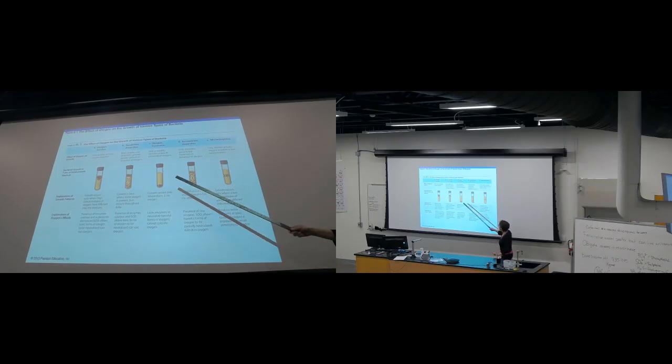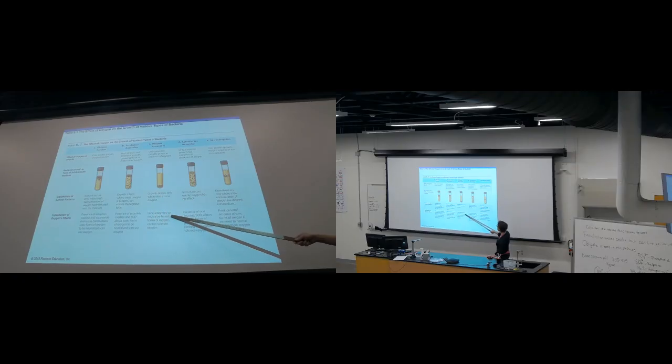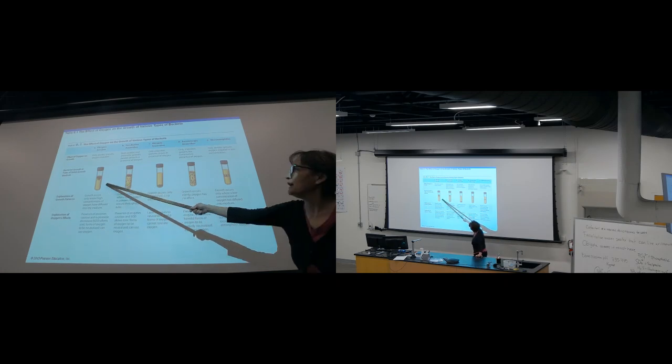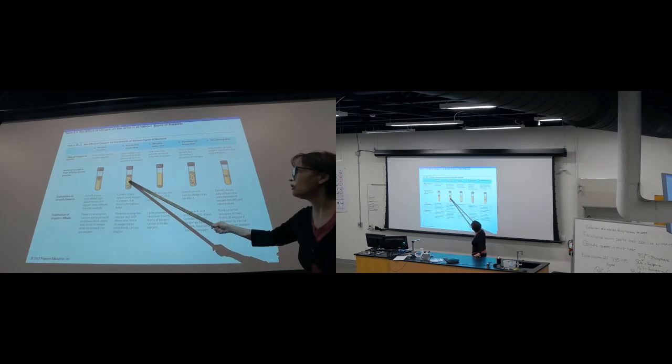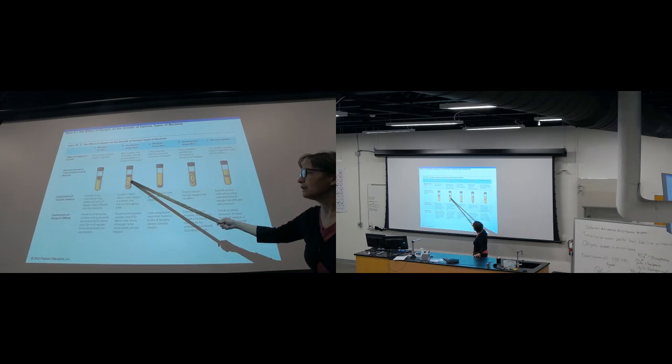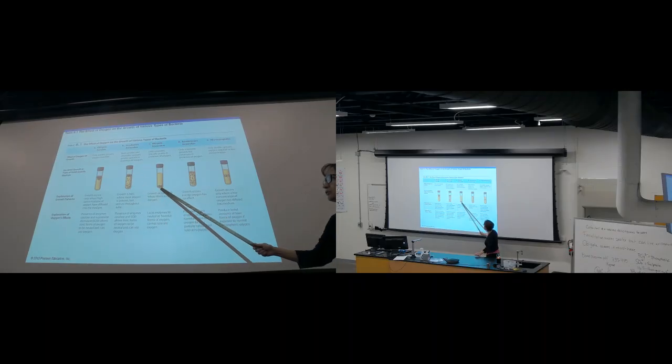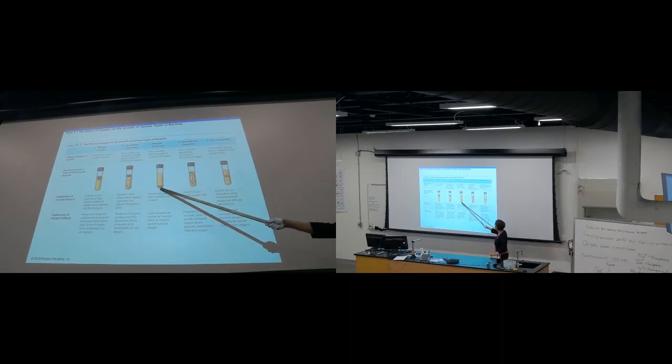Now, this one, why does it grow there? Because it lacks enzymes to neutralize harmful forms of oxygen. So while these ones have enzymes that can detoxify toxic oxygen forms, these ones don't. That's why it grows here.